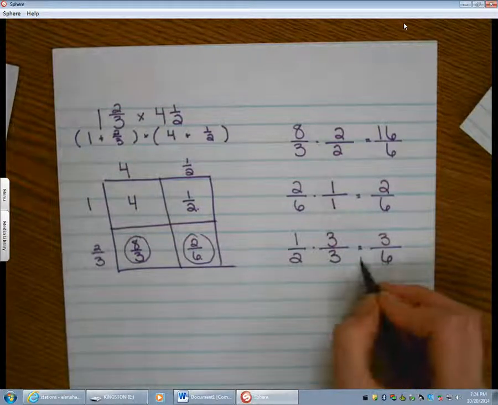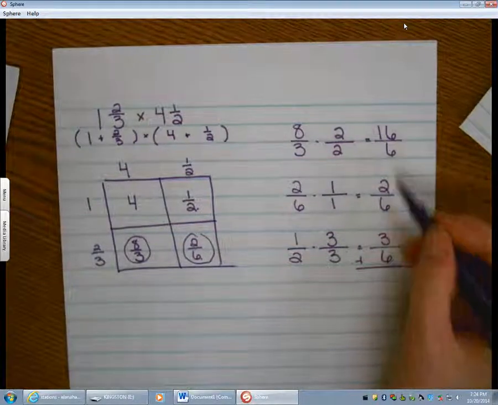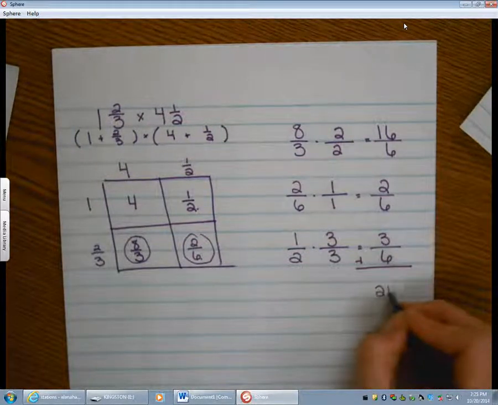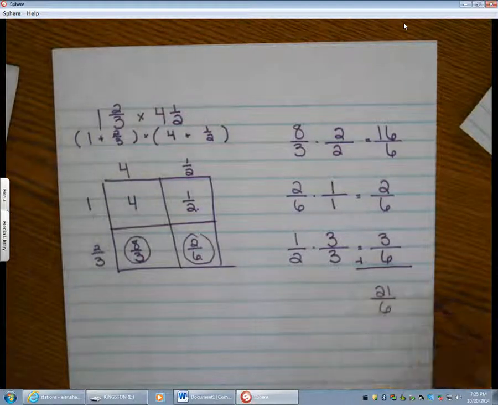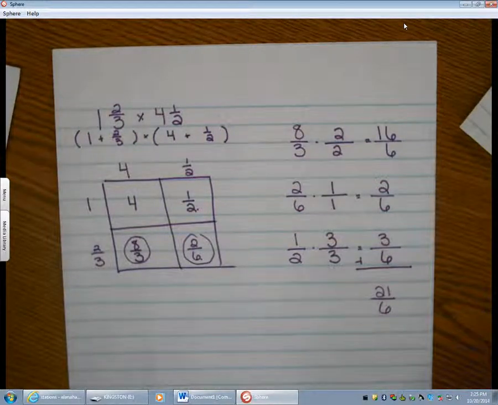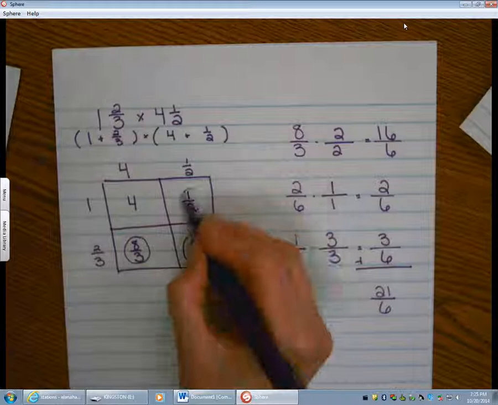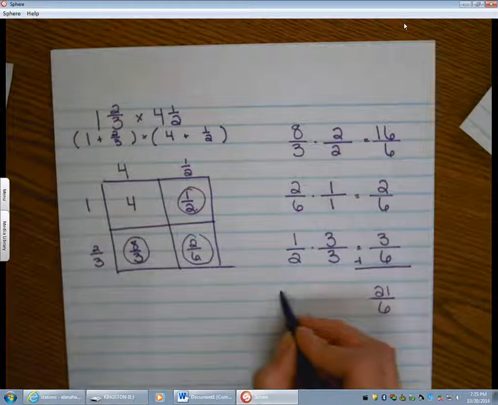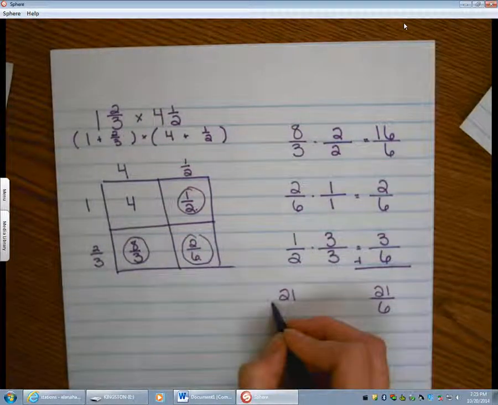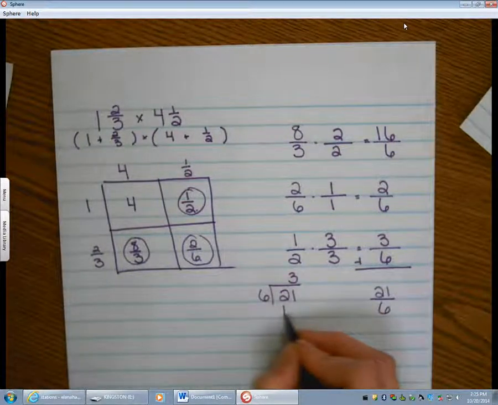Now I can add together my fractions now that I have a common denominator. And I have 21/6. So 21/6, that's an improper fraction once again. So I want to change that improper fraction before I can add on to my other whole number. So let's do 21 divided by 6. 6 times 3 is 18.